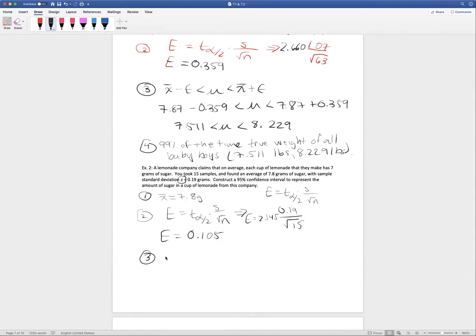Now let's figure out what the actual confidence interval looks like. On your way to finding the confidence interval, the first thing you want to do is find the best point estimate. That's number one, and then find what your error is because you're using a sample. So x bar minus E is the same thing as saying 7.8 minus 0.105 is less than the true population mean, which is less than 7.8 plus 0.105.